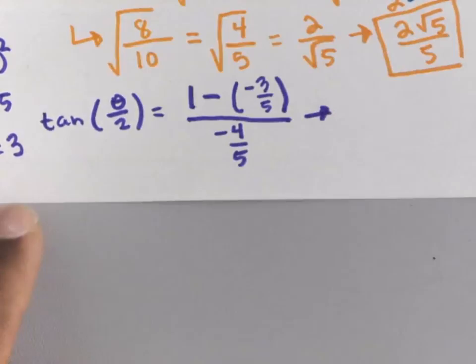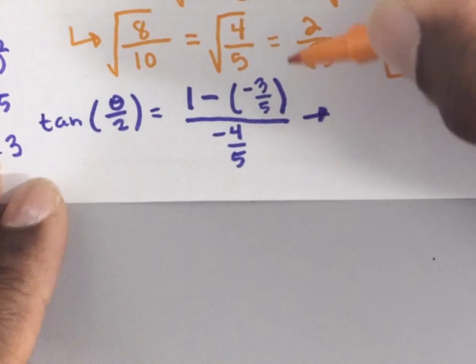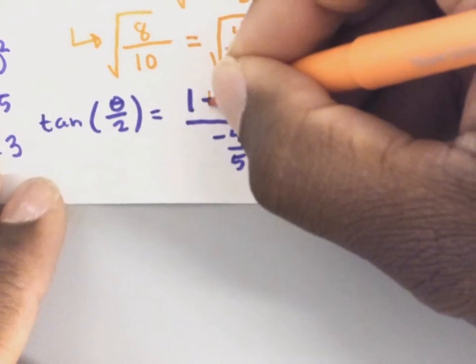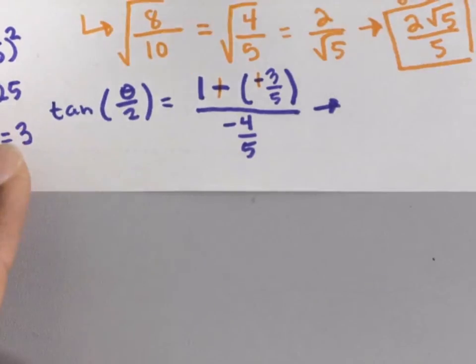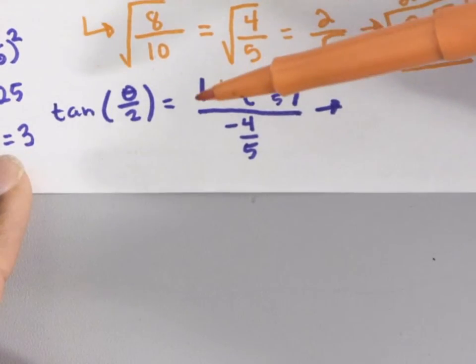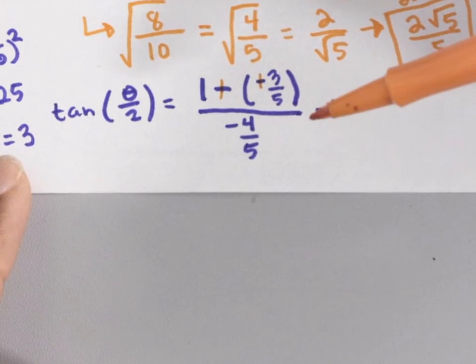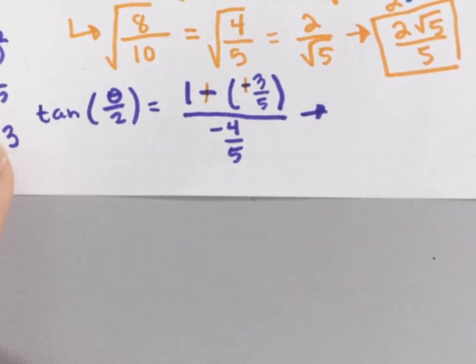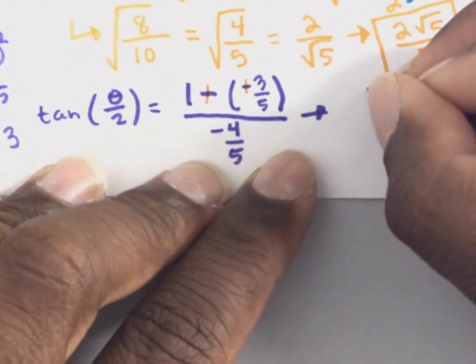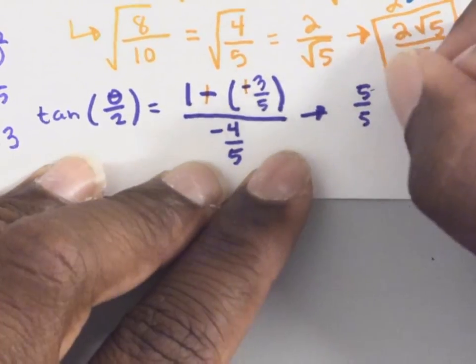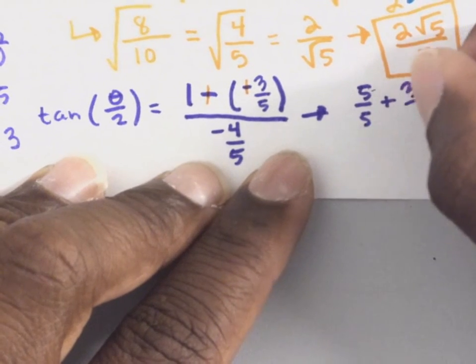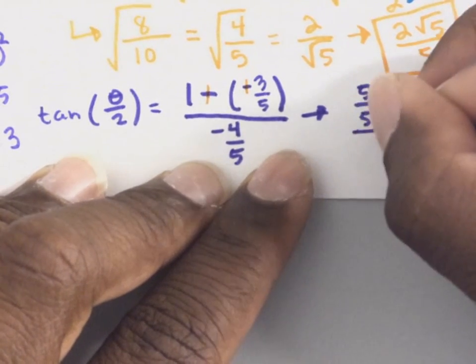When I subtract the negative, there's no power sign here, so this will become positive, right? And I need to rewrite 1 to be a number with the denominator of what? 5, so I can add them together. So I get 5 over 5 plus 3 over 5 divided by.